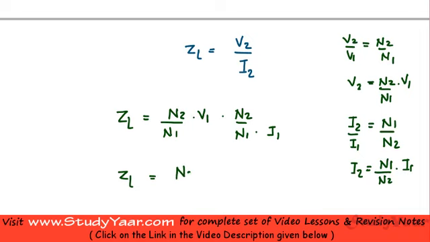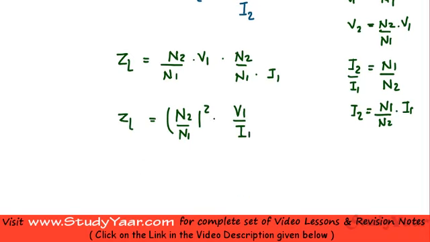So you have N2 upon N1 the whole square into V1 upon I1. Now, taking this to the other side, V1 upon I1 is equal to N1 upon N2 the whole square into ZL.